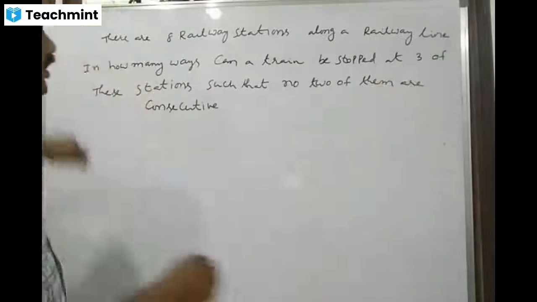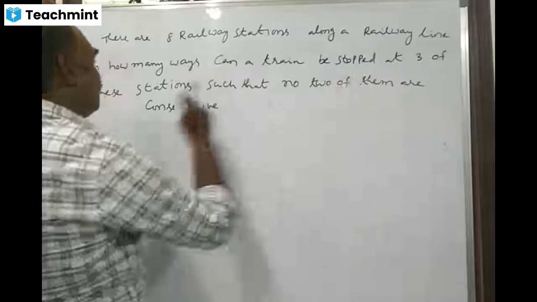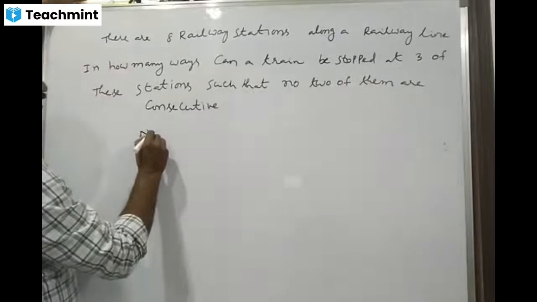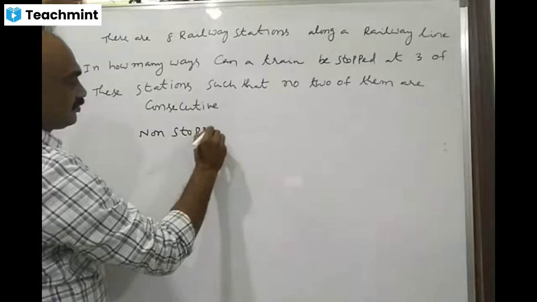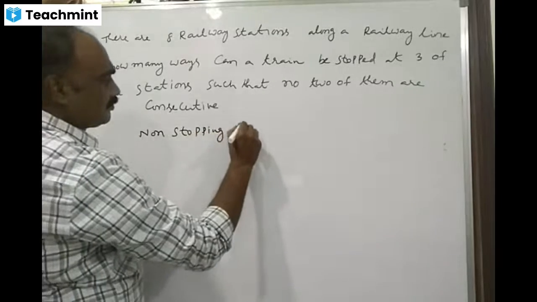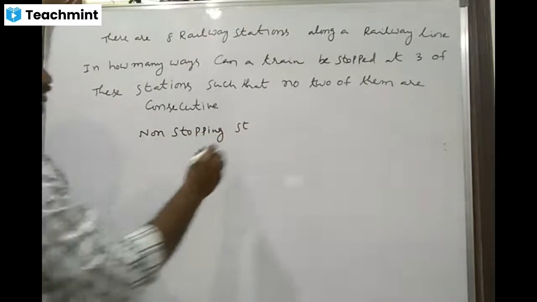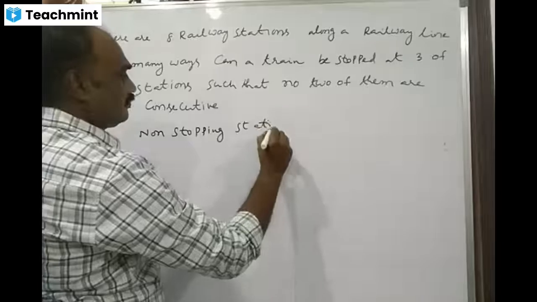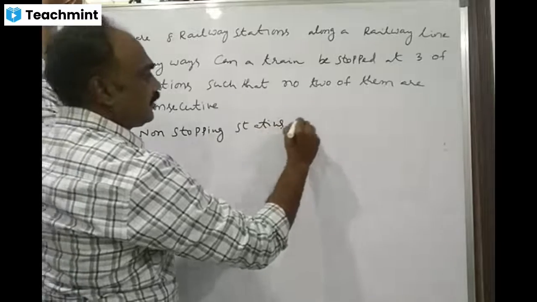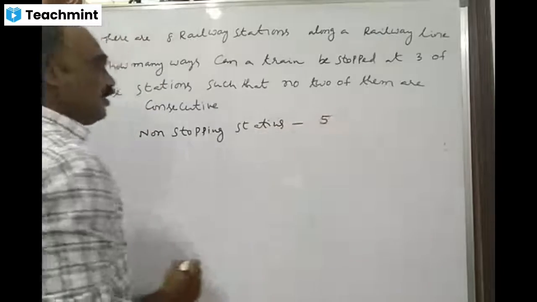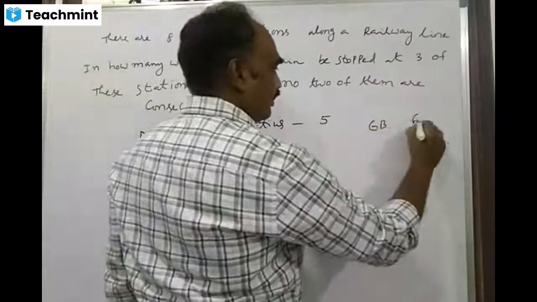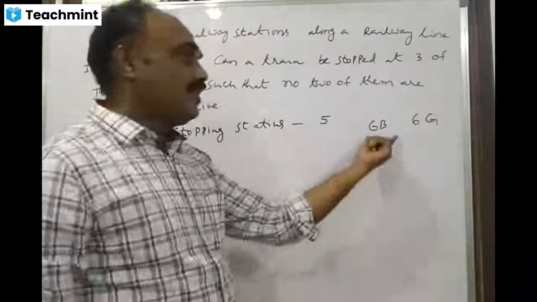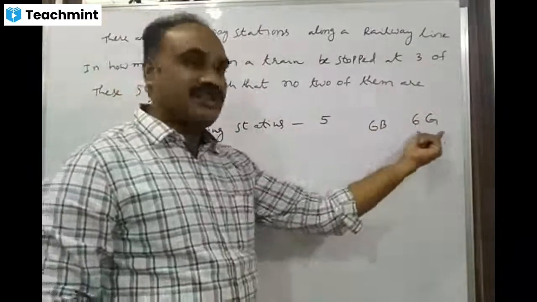Here the train stops at 3 of the stations, so non-stopping stations is equal to 5. Suppose 6 boys, 6 girls: no two boys come together means first arrange the 6 girls.